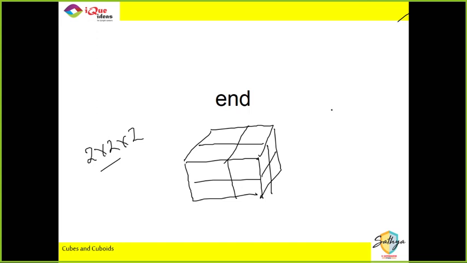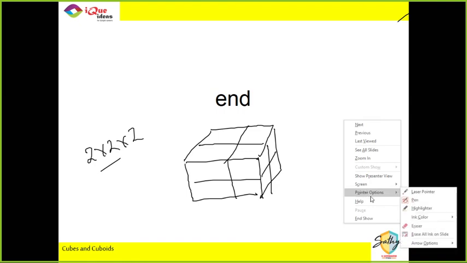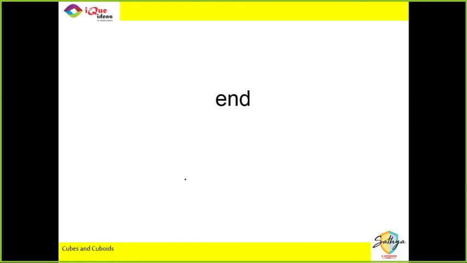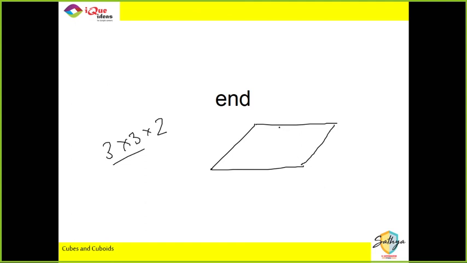Vertical part, chalo, let me show it once again. Let's assume that it's 3 by 3 by 2, right? So first let's take 3 by 3. First I draw 1, 2, 1, 2. This is 3 by 3. Got it? Okay. Remaining 2. So now take these 3 places, and drop a vertical line of length 2.